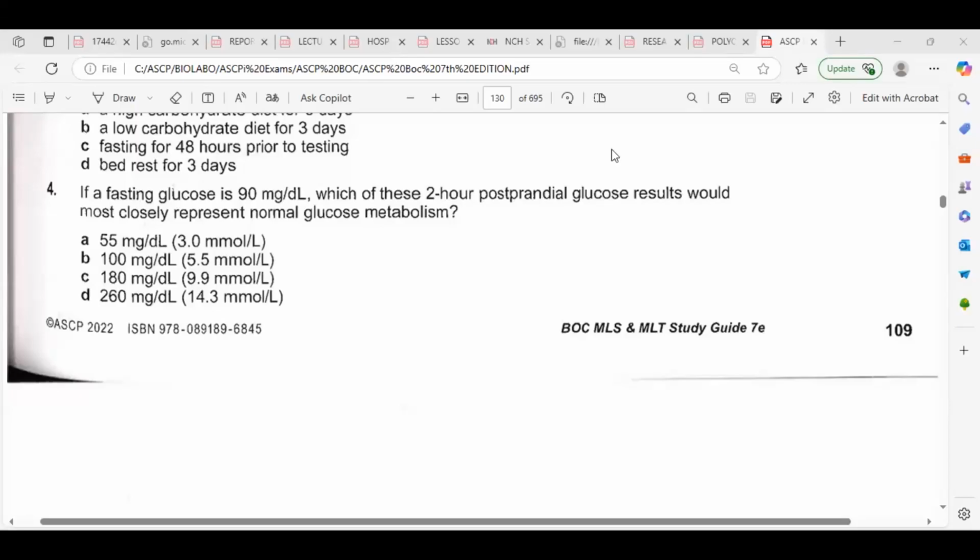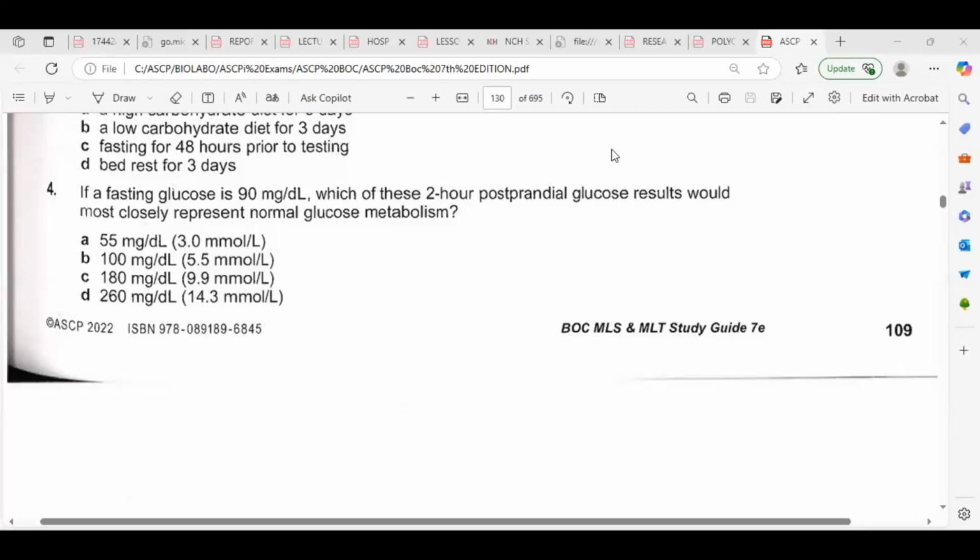I think the answer is B, because the expectation after 2 hours is that the blood glucose is back to normal. Yes, back to normal. That is very important. What we want to remember here is that after 2 hours, whether it is food or glucose tolerance where you have been given sugar, it has to metabolize to the normal range, which should not exceed 126.